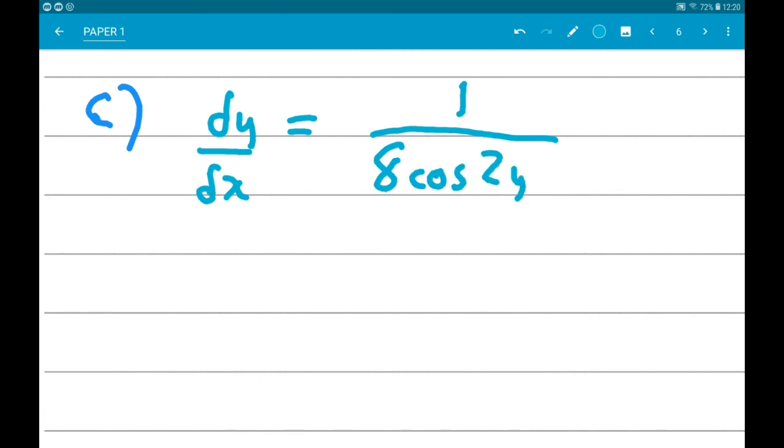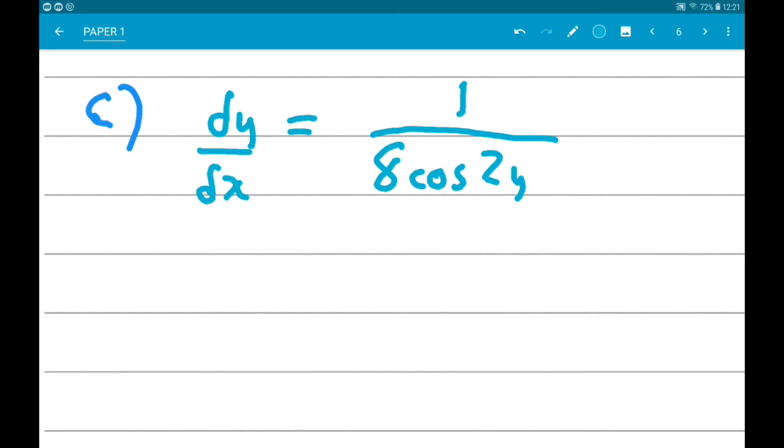Okay, now we know that x was 4 sine 2y, so we need to transform cos 2y into something to do with sine 2y.